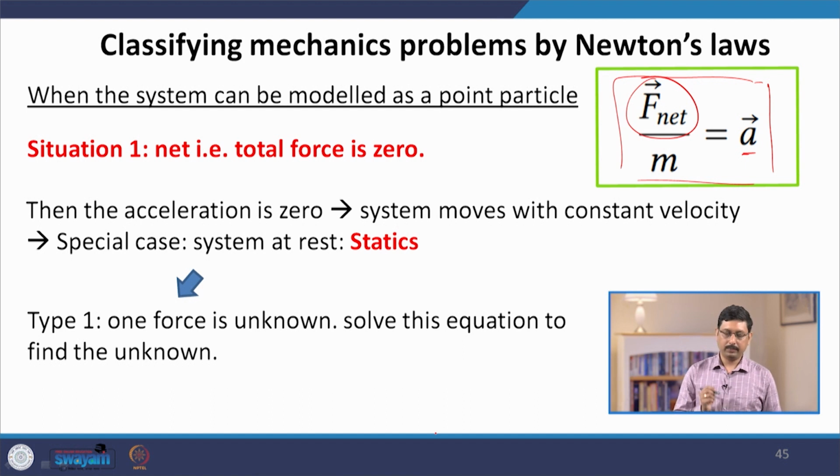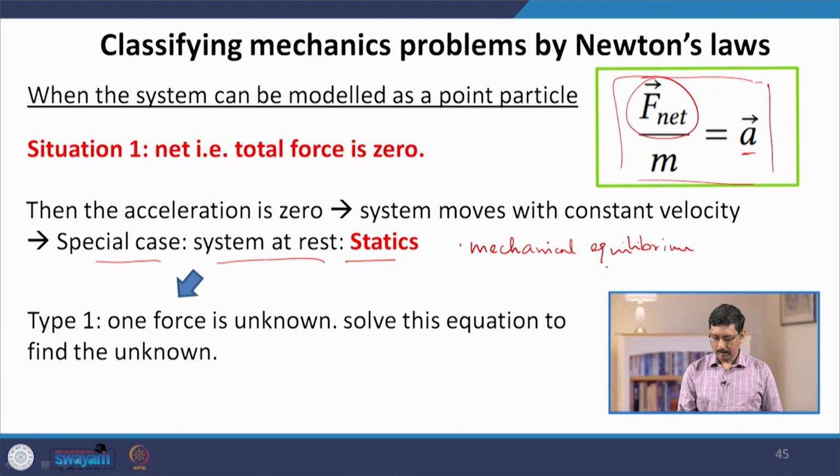A particular special case of interest is when the system is not moving at all. This is the so-called statics example. In this case we say that the system is in mechanical equilibrium, and we are interested to know what the conditions of mechanical equilibrium are.